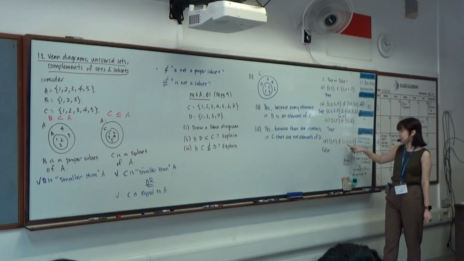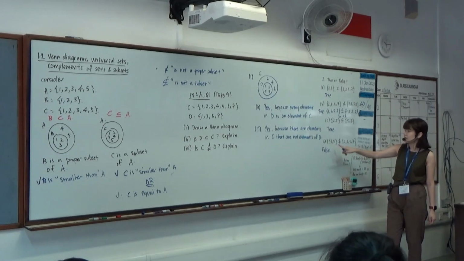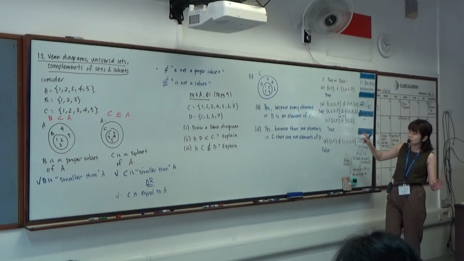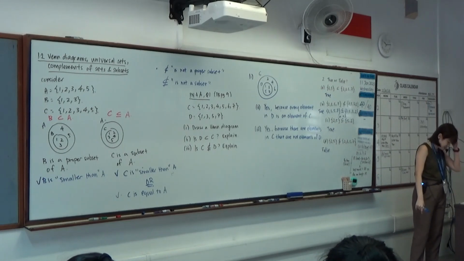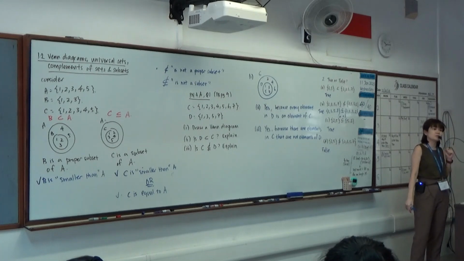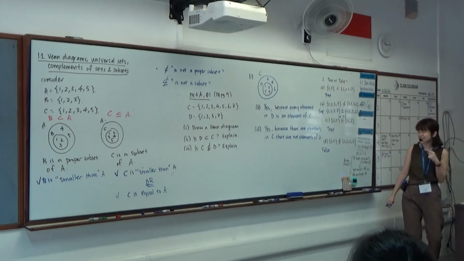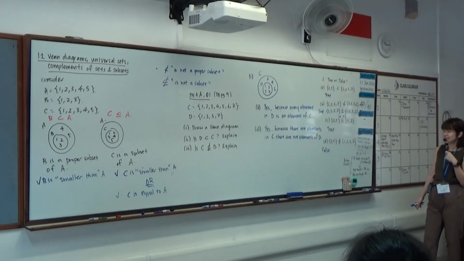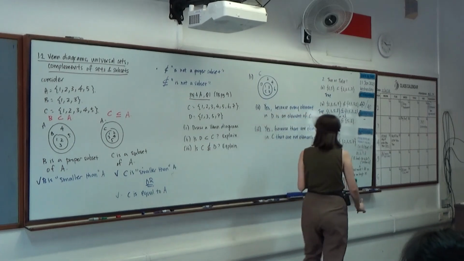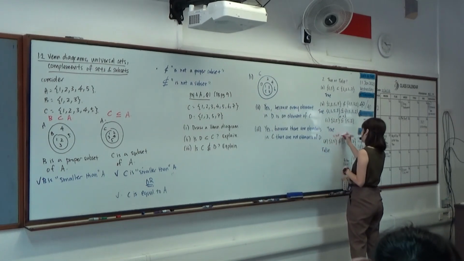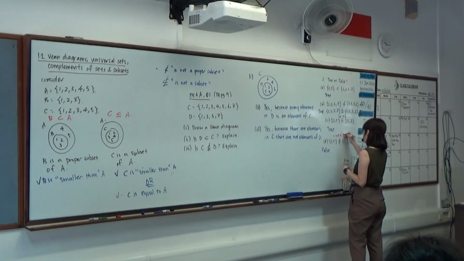Because these elements over here are actually inside here, so therefore, yes, the answer is false. Is it false or true? This one says it's not, sorry, I'm getting a bit confused. It's not a proper subset. Okay? It's not a subset.